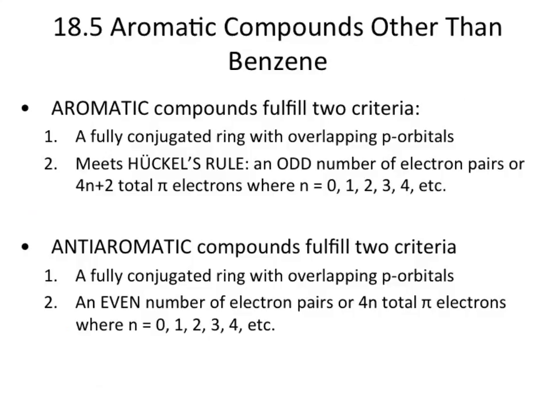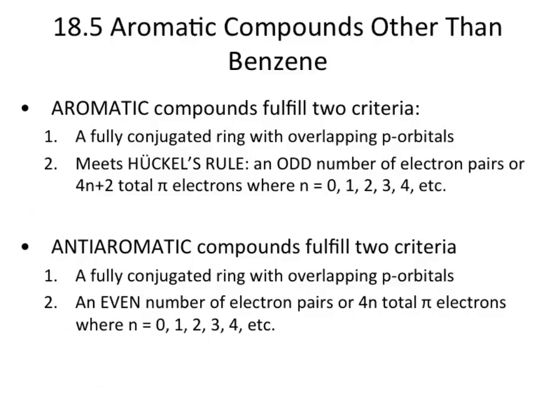So you're looking for your overlapping p orbitals, and then aromatic is 4n plus 2 pi electrons. Your anti-aromatic, same rules except 4n pi electrons.